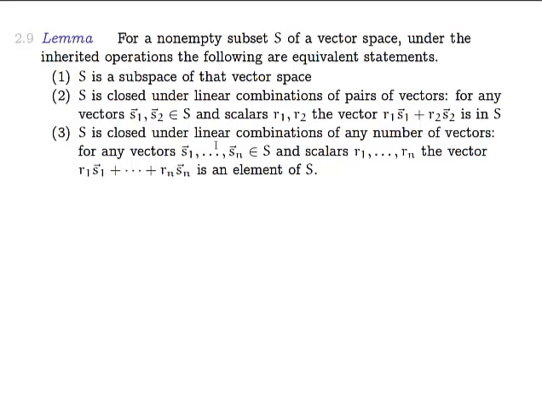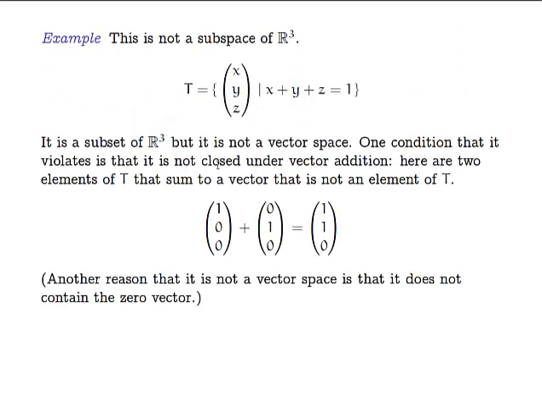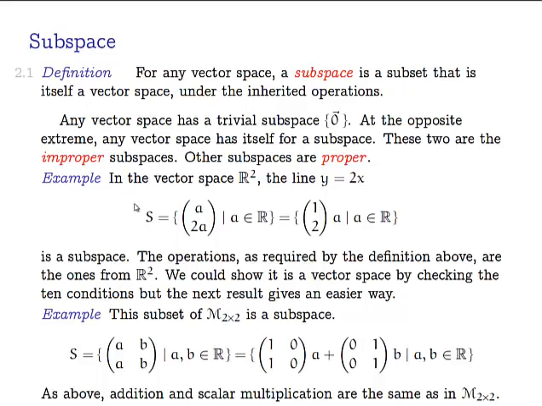Certainly you can see that if it's closed under any number of linear combinations, it's also closed under linear combinations of pairs, but in fact all of these statements are equivalent. Now notice that back here this set S was the set of all linear combinations of this vector (1, 2). Since there's only one vector, the only linear combinations are scalar multiples.